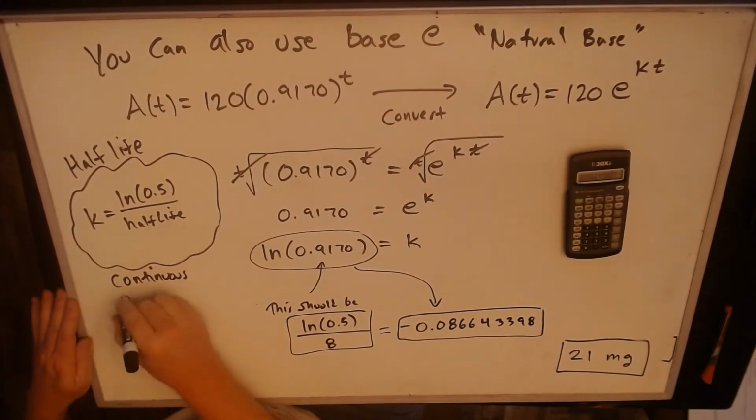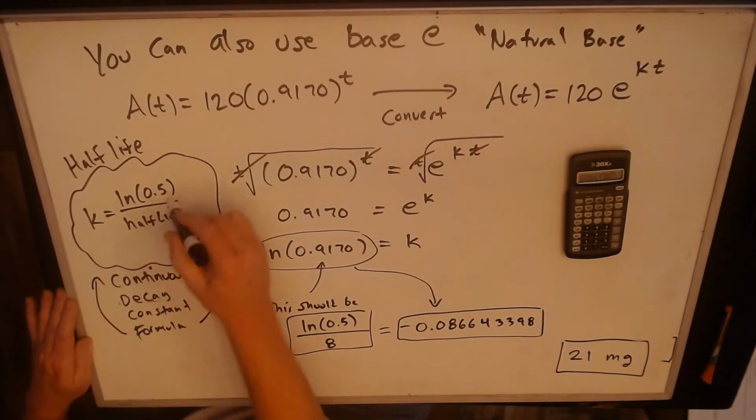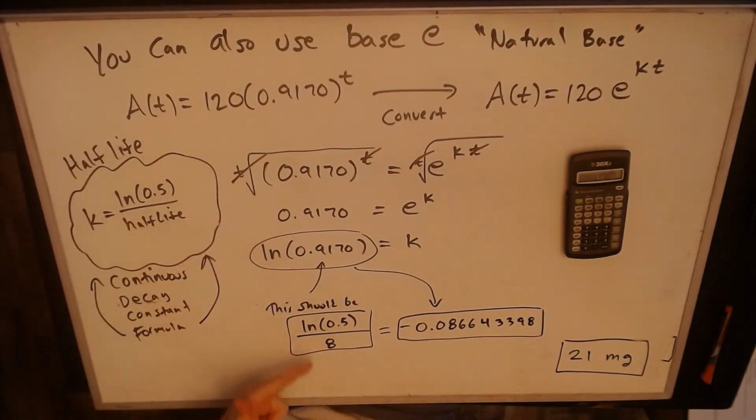This is the continuous decay constant formula. So some people just memorize this formula. These always come out to be the same. So you could do ln of 0.9170, or you could have done ln of a half divided by 8. These are the same thing. They come out to be the same value.